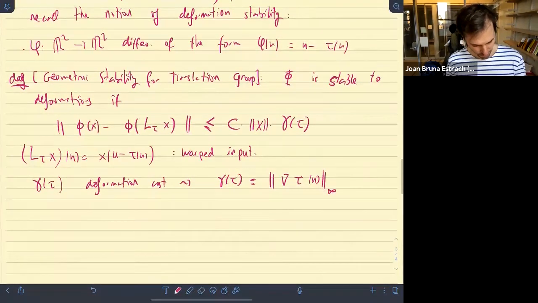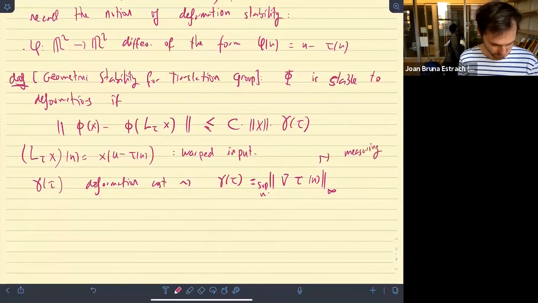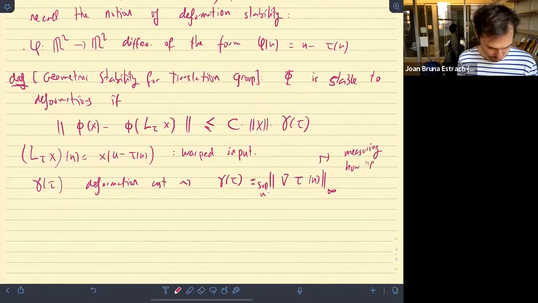So this is kind of measuring how far this transformation is from the translation group.